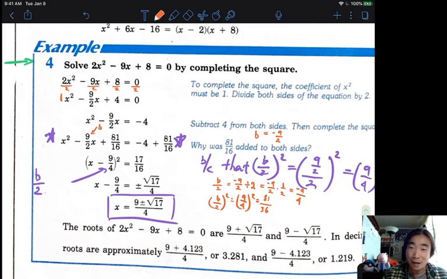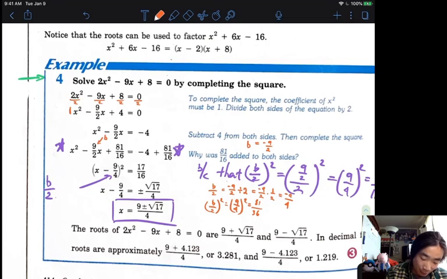And especially in this fraction case, this factor, remember, is just b over 2. And then you go through the same process, right? Square root both sides, undo whatever operation is here to get your final answer.